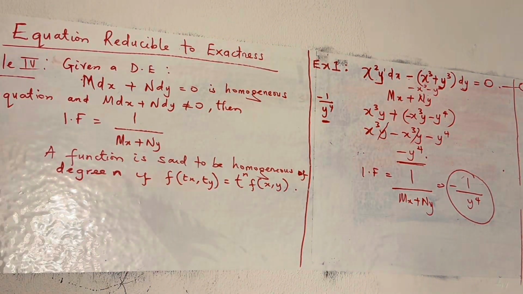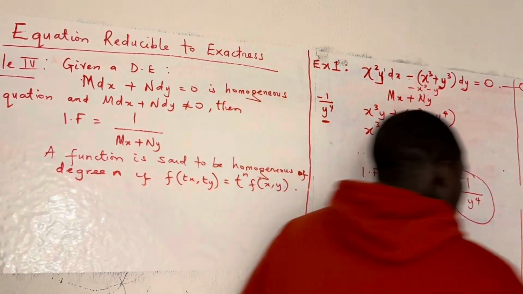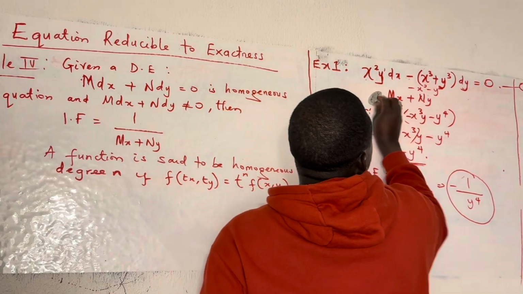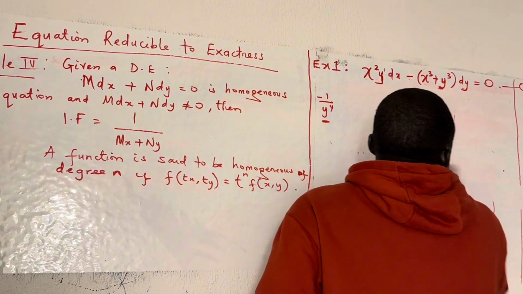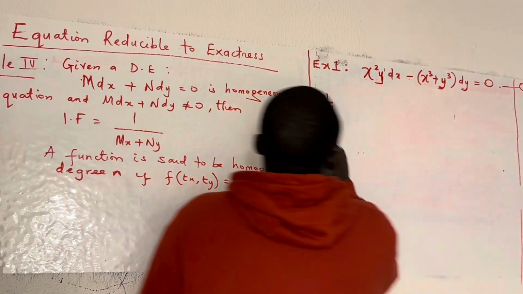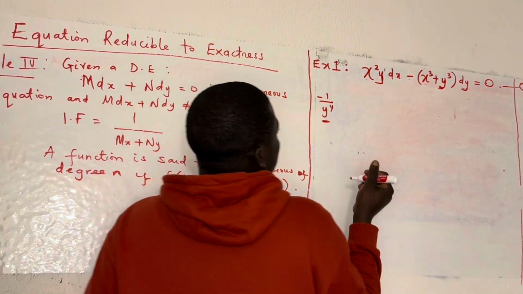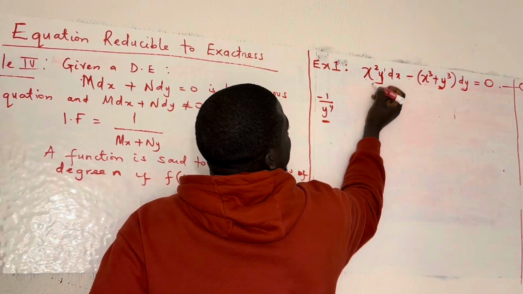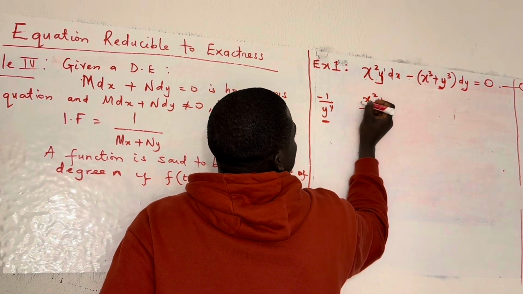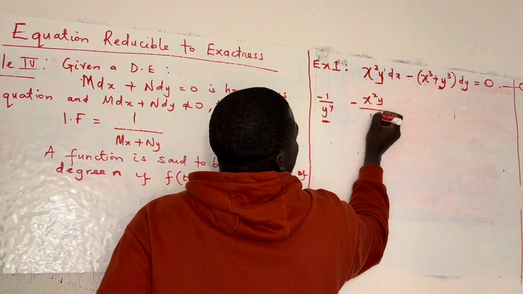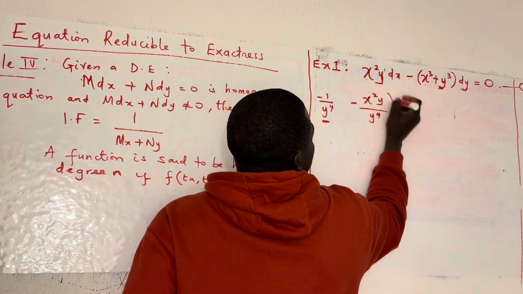Understand? So our integrating factor is minus 1 over y raised to power 4. So let's divide the whole of this. We have x squared y divided by, don't forget, minus y raised to power 4, all the dx.